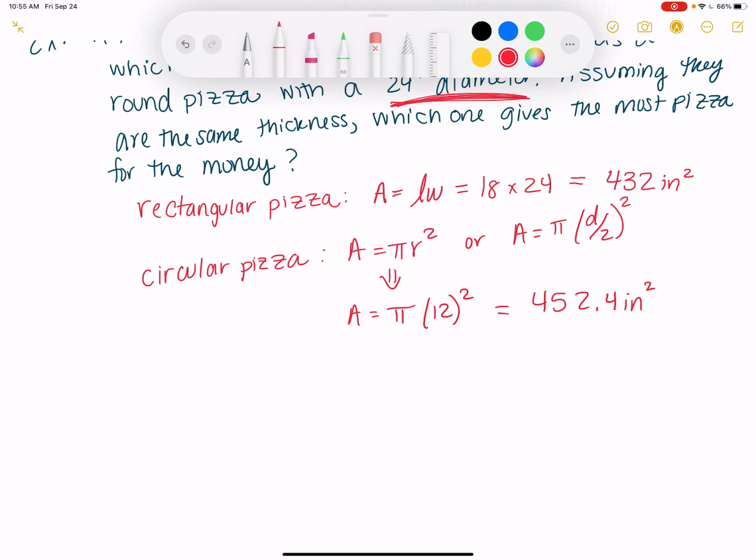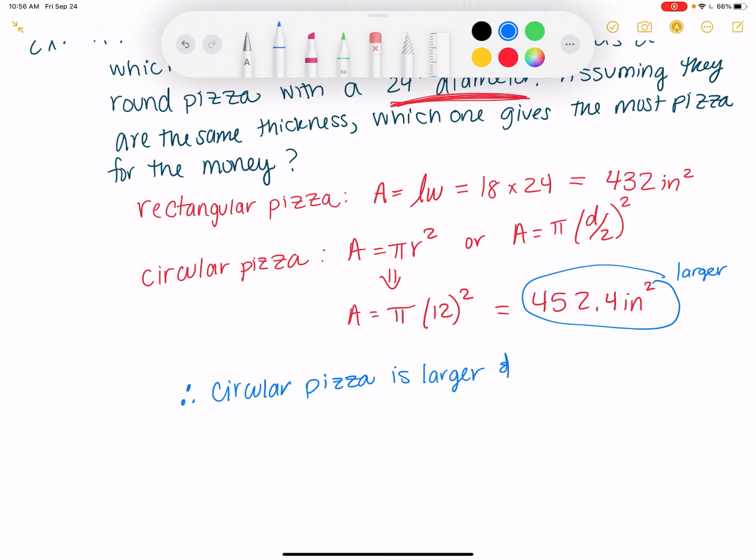That's what I've done. So, because this is larger, okay, that means that therefore the circular pizza is larger and thus gives more for the money.